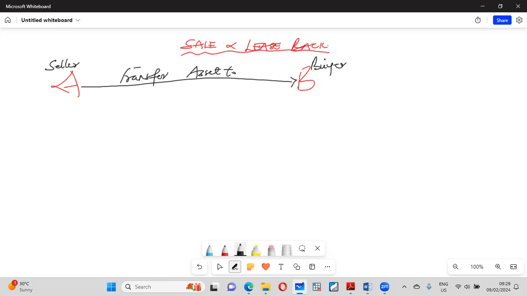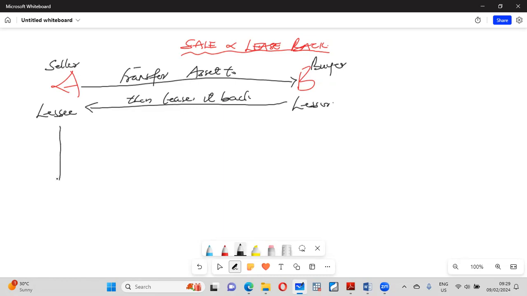Now, immediately he sells to him, he leases it back. If he leases it back, at that point, A has become a lessee, and B has become a lessor.